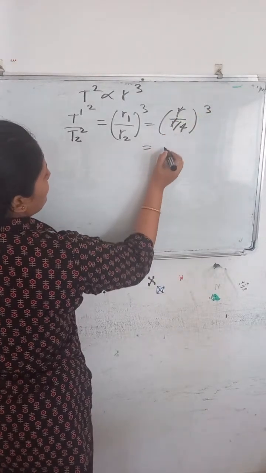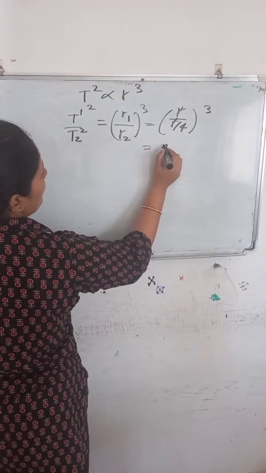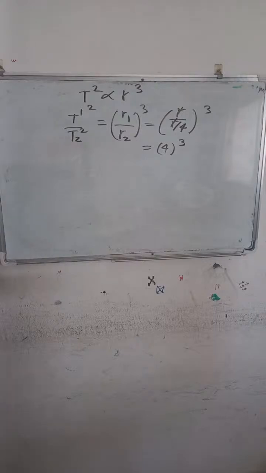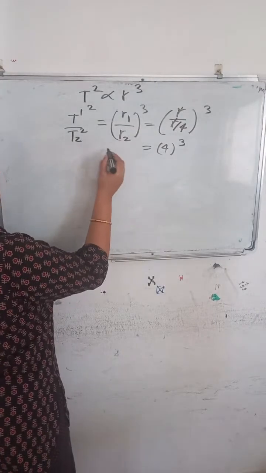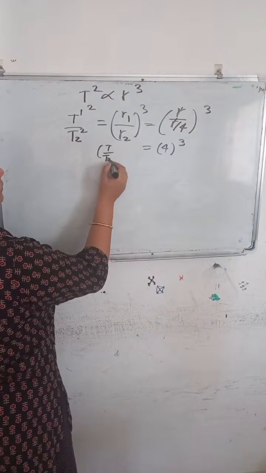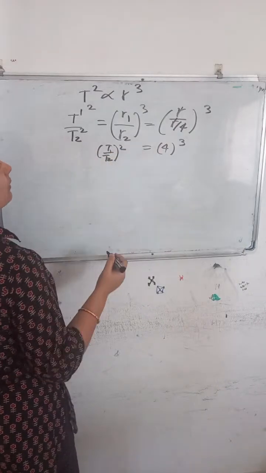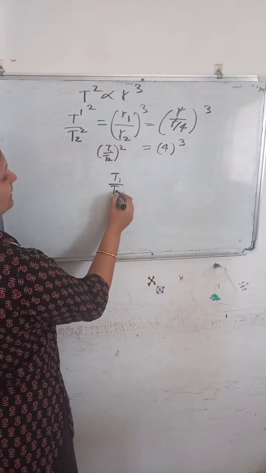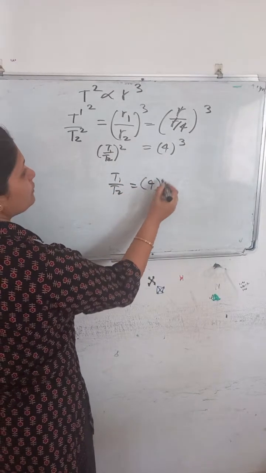Here r gets cancelled and 4 goes up into the power 3. So (T1/T2) squared is 4 cubed. If I take the square root on both sides, I get 4 raised to 3 by 2.